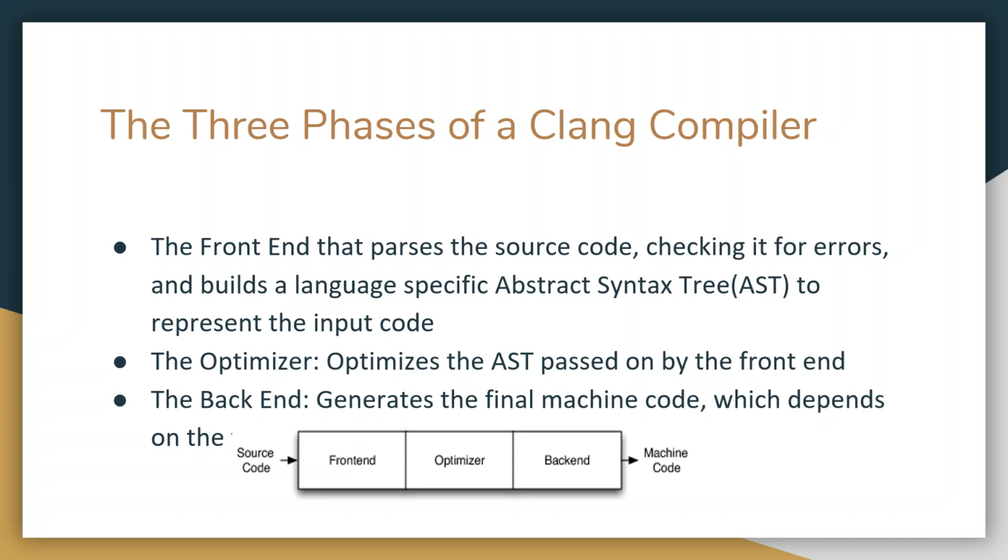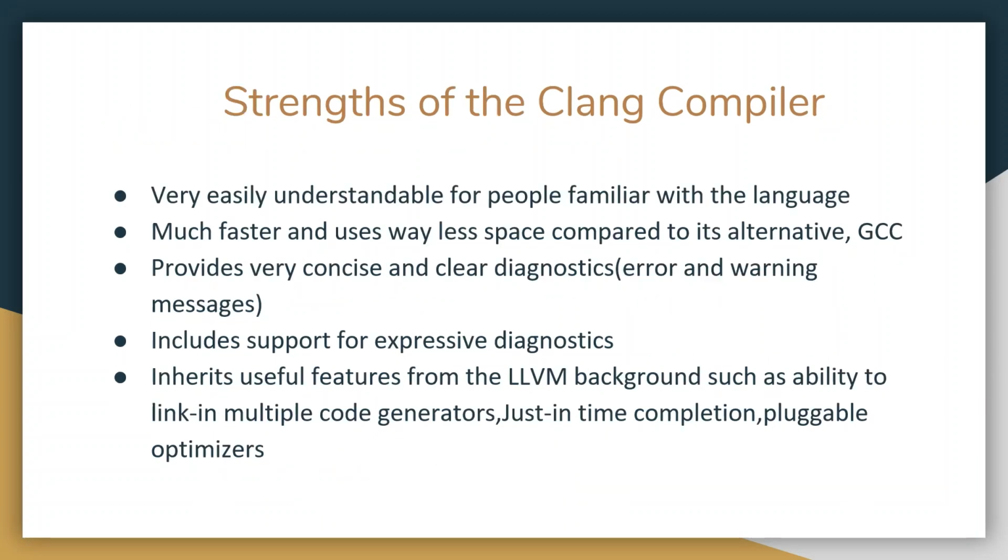The second phase is the optimizer, whose goal is to do some optimization on the abstract syntax tree generated by the front end. The third and the last phase is the backend, where the Clang compiler uses the LLVM compiler backend, which generates the final code to be executed by the machine, which depends on the target.